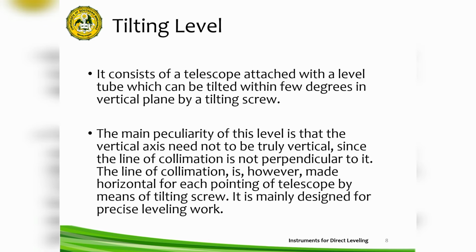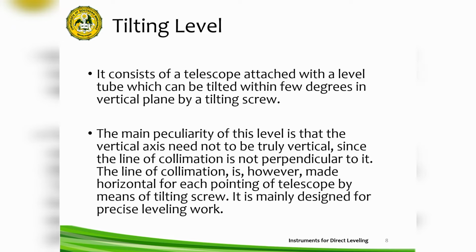Next, the tilting level. It consists of a telescope attached with a level tube which can be tilted within a few degrees in the vertical plane by a tilting screw. The main peculiarity of this level is that the vertical axis need not be truly vertical, since the line of collimation is not perpendicular to it.